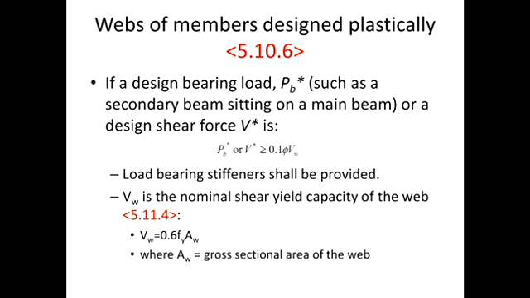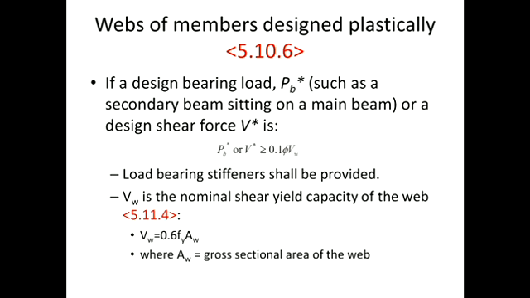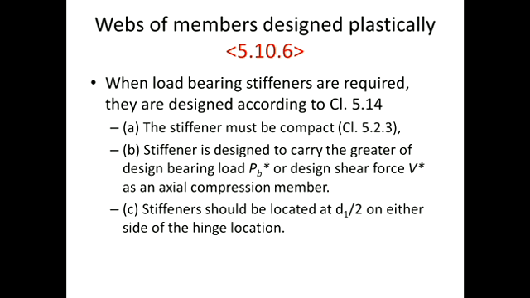So it's the nominal shear yield capacity, which is 0.4 multiplied by Fy multiplied by Aw. Aw is the cross-section of the web, so it will be d1, the clear height of the web, multiplied by tw.